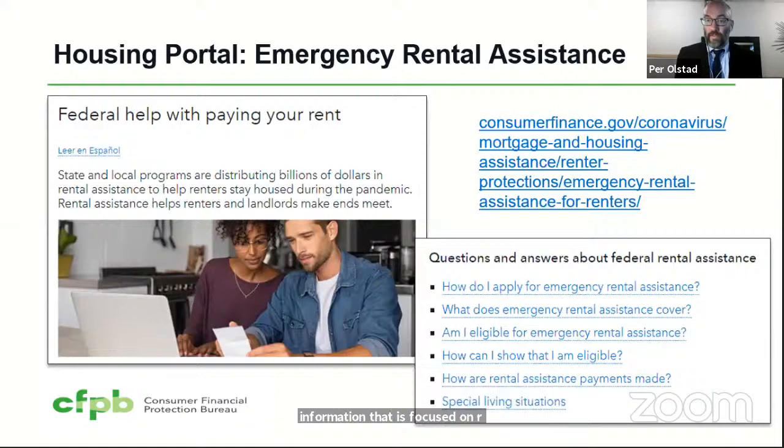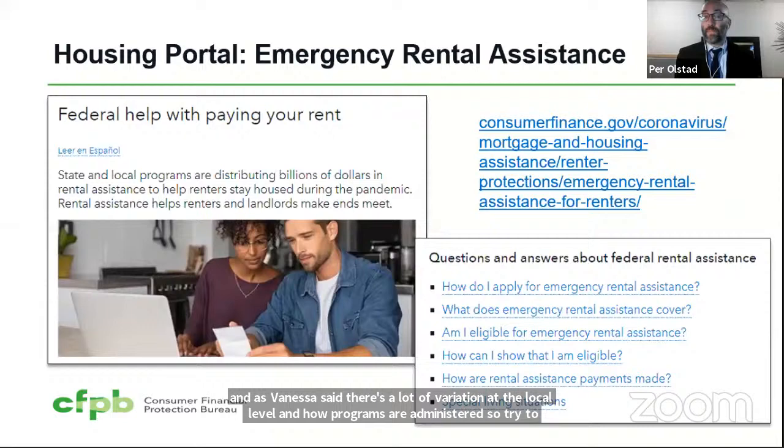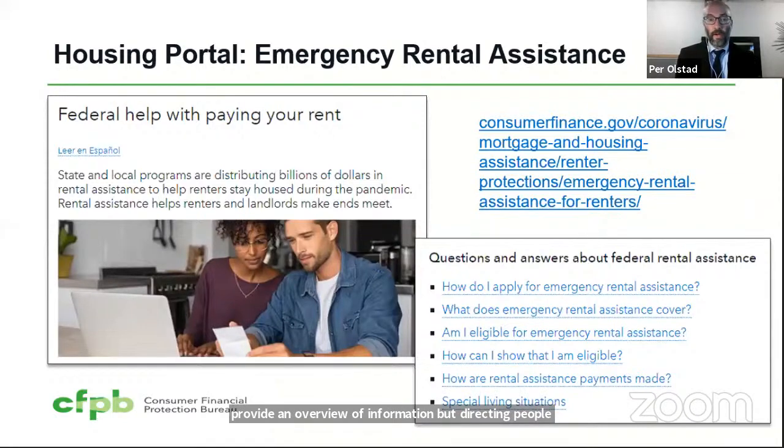The same basic sets of information provided by Treasury, but put in a more plain language format focused on those audiences, covering topics like how to apply for rental assistance, what it covers, what the eligibility requirements are, and what documentation may be required. And as Vanessa said, there's a lot of variation at the local level in how programs are administered. So we try to provide an overview set of information, but direct people to their local programs for the specifics of how they work in their area.